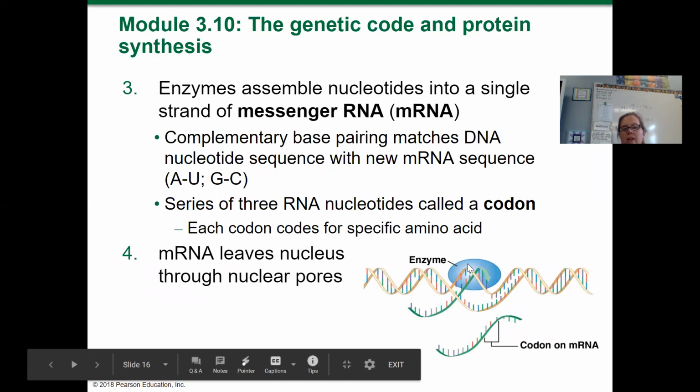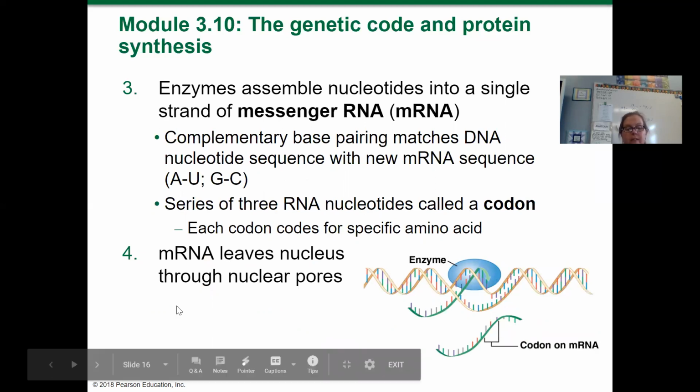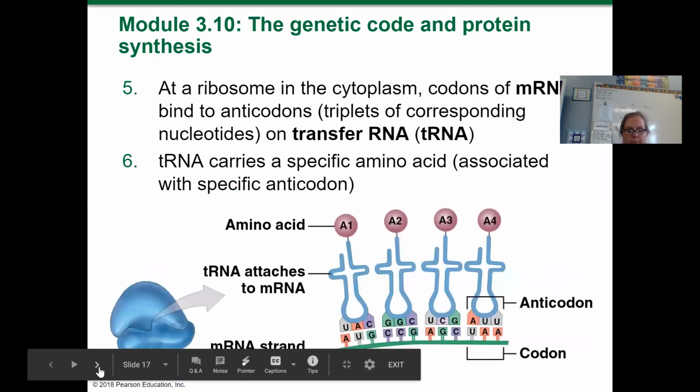There's an enzyme that comes through and basically constructs a single strand of messenger RNA. That's based on the rules of complementary base pairing, except that where there's a T, in mRNA it's going to be a U. The mRNA then is going to leave the nucleus through the pores.